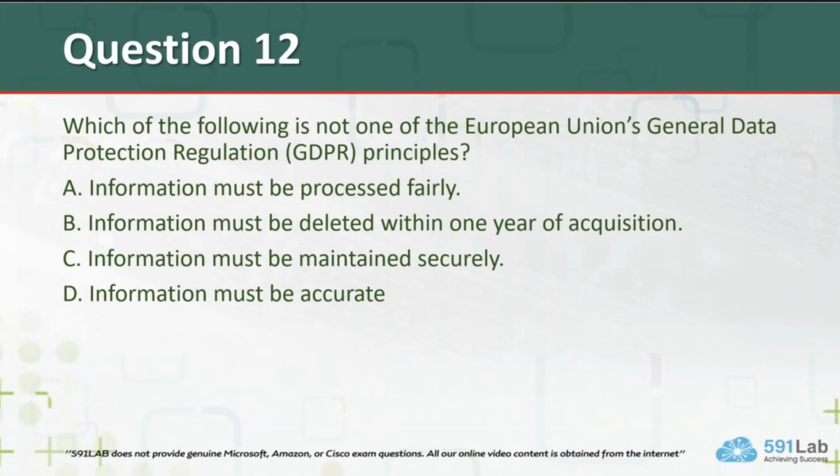All right, next one. Which of the following is not one of the European Union GDPR principles? Information must be processed fairly. Information must be deleted within 1 year of acquisition. Information must be maintained securely, and information must be accurate.